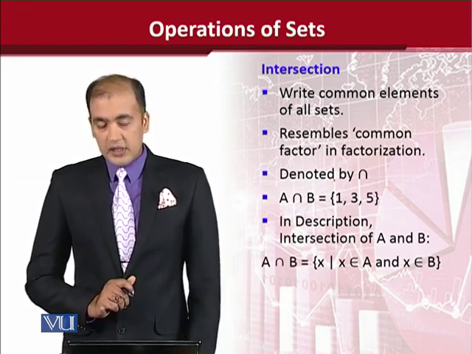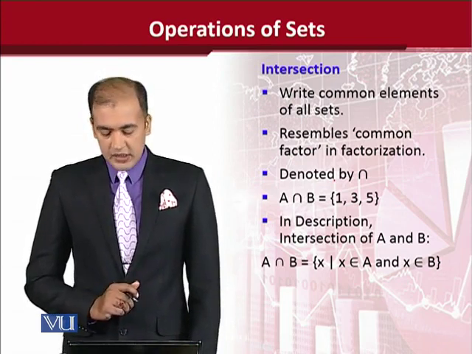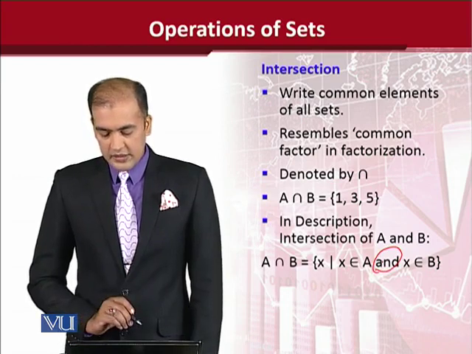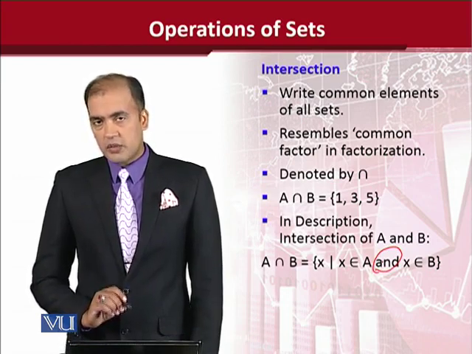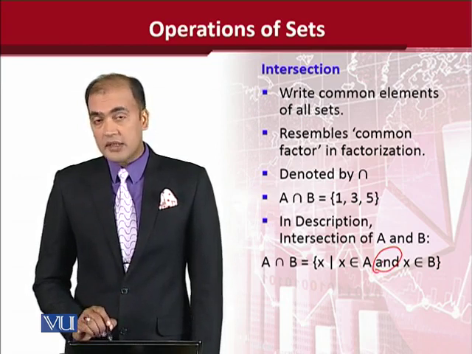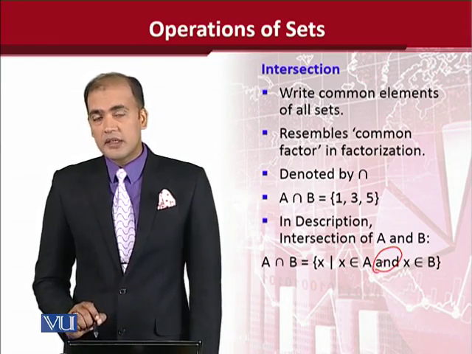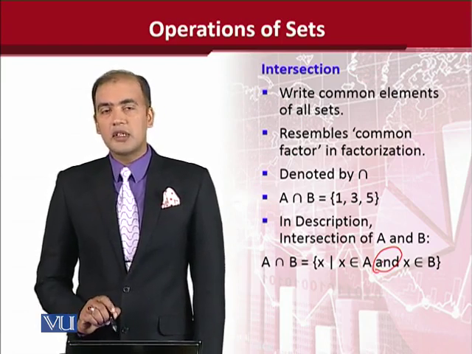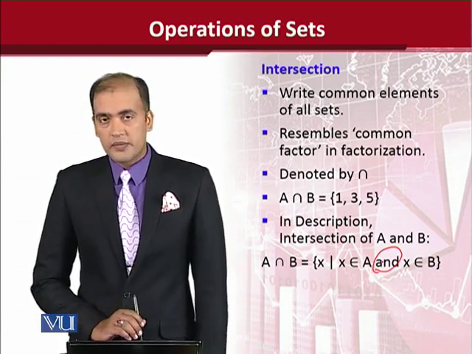There is another way, that is the description method of writing this, and you can see the most important thing is this "and". A intersection B shows that x is an element of A, and x is an element of B, and "and" is used in the middle. It means that it is existing in both of them.